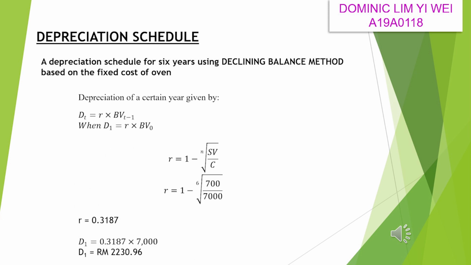So we do, for example, end of year 1. And from the example, we find out that the annual rate of depreciation of end of year 1 is 0.3187. And last, we find out the depreciation of a certain year, which is annual depreciation for end of year 1, is 2,230 ringgit 69 cents, which is annual rate of depreciation times the cost.